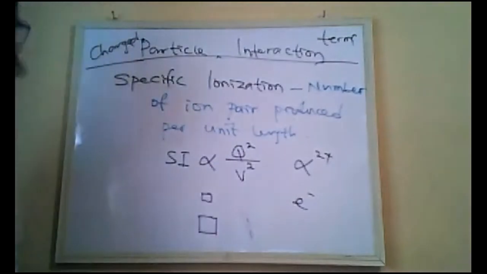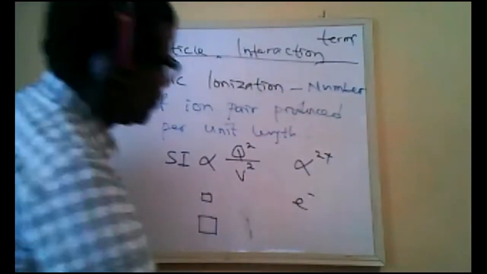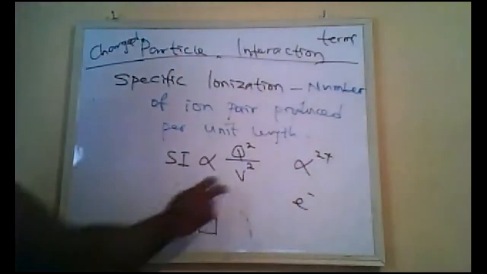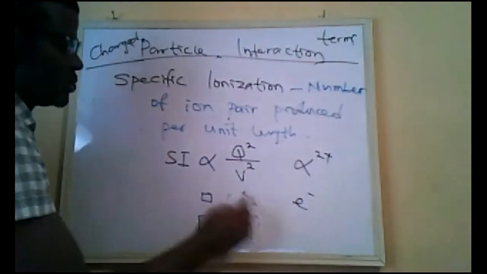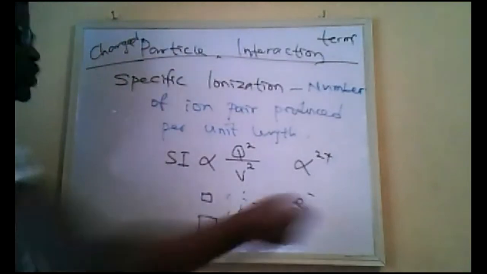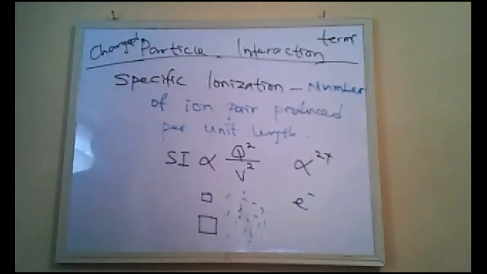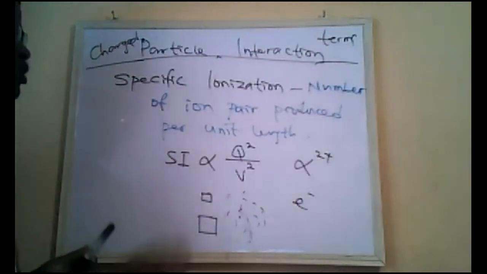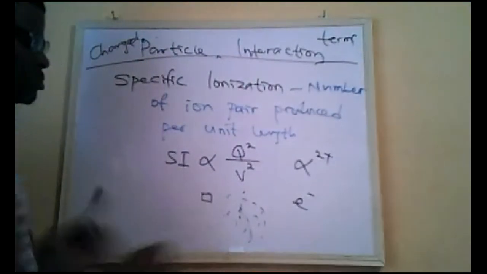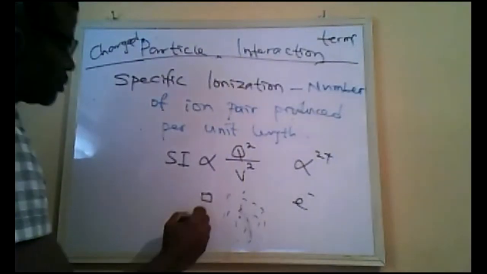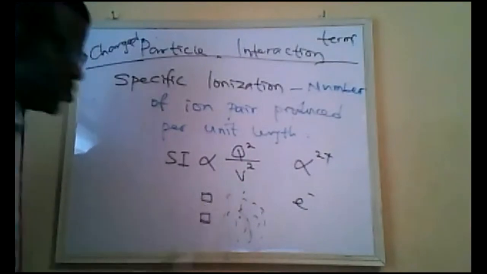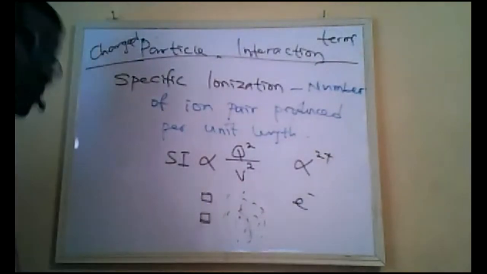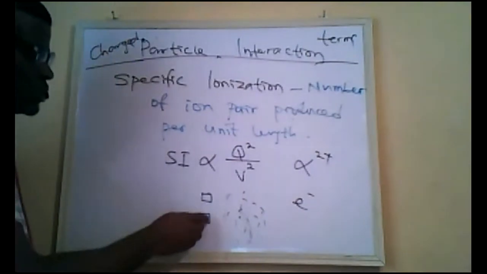Then how does velocity come into play here? Okay, let's say this magnet is moving. You have the iron filings all around here, and this one is moving with a particular speed. We are not looking at charge now. We are looking specifically at speed, so every other condition has to remain constant.